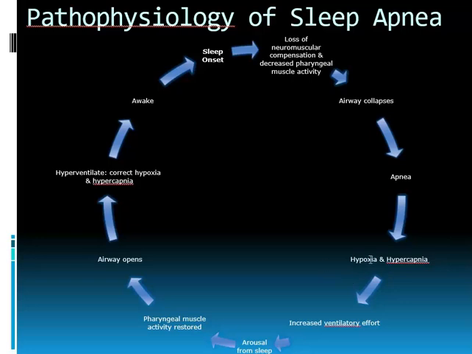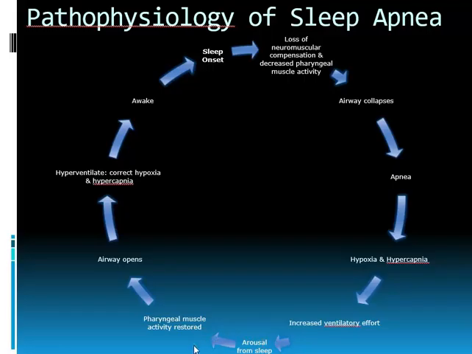Then your oxygen levels drop, your CO2 levels rise, and that increase in CO2 further increases the ventilatory effort. So you have a person that really struggles trying to breathe because they have everything screaming in their body: you need to breathe. The CO2 level is just like a loud, obnoxious neighbor banging on the door, like, breathe, damn it, which ultimately results in the person waking up from sleep.